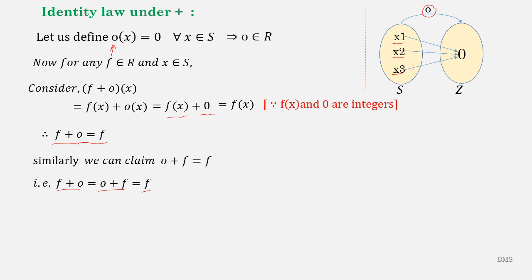If you take this f as A and this O as E, you can compare. Therefore, what do you conclude here? This element acts as the identity element. This means the function O acts as the identity element in R. So, identity law holds with respect to plus in R.